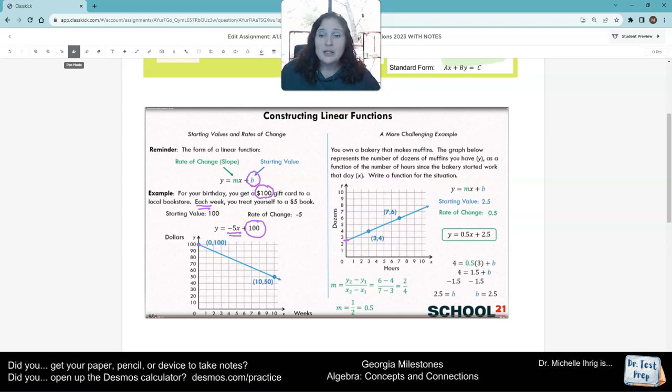Okay, let's take a look at this next one. It says you own a bakery that makes muffins. The graph below represents the number of dozens of muffins that you have, y, as a function of the number of hours worked, x. Write the function for the situation. So here, if we still use the slope-intercept form, which makes sense to use, we have to figure out how much I would have at 0.